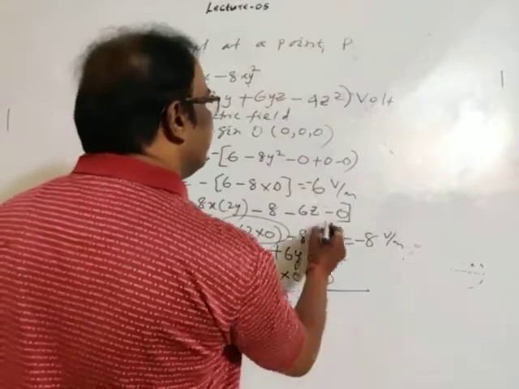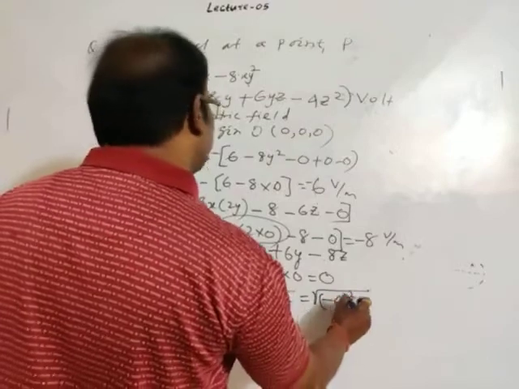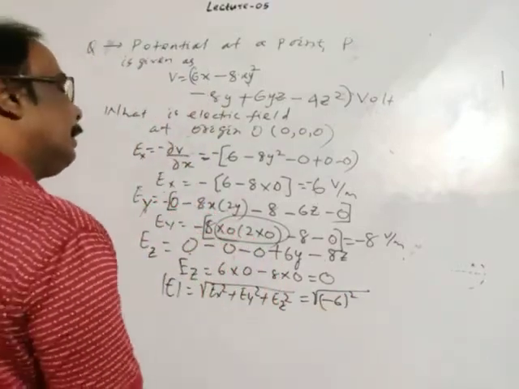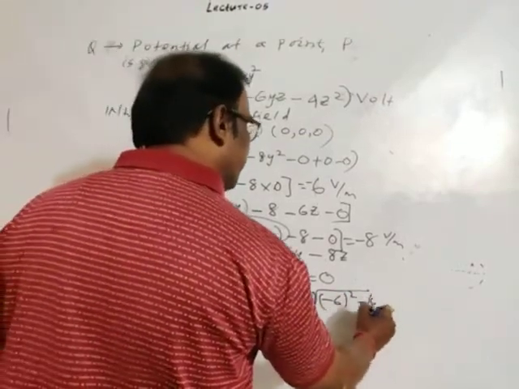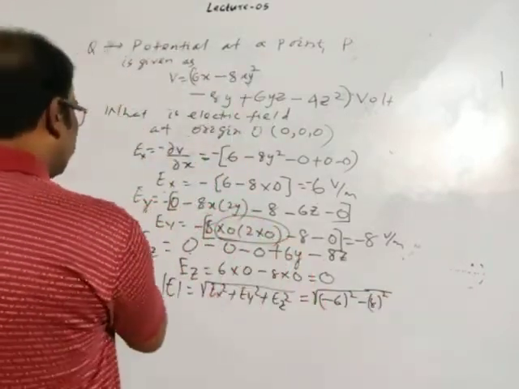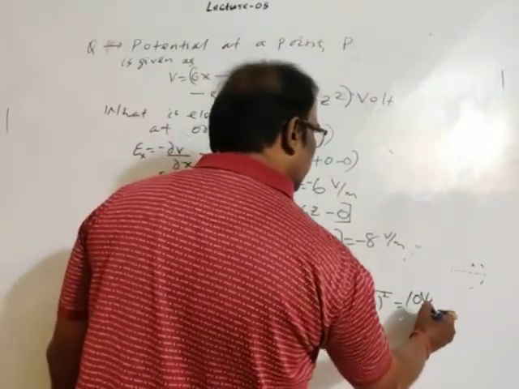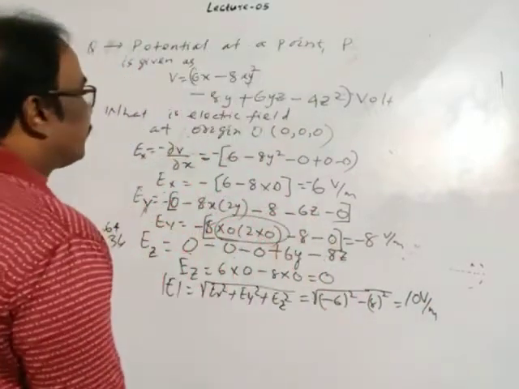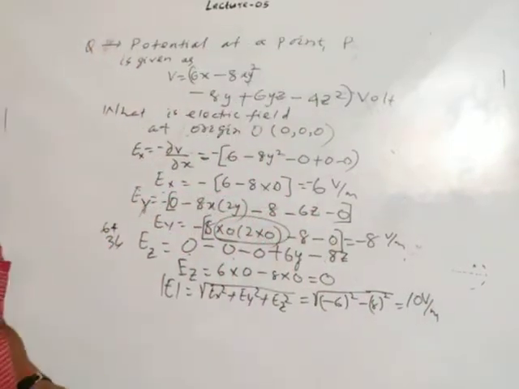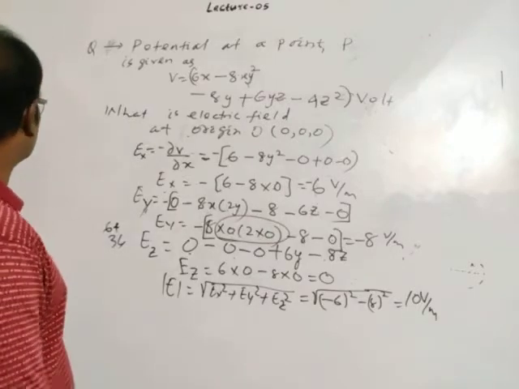So, that equals minus 6 square, and Ey is minus 8 square. So this will come 64, 36, 100. So 10 volt per meter. Okay, take it. 10 volt per meter. This is our answer.